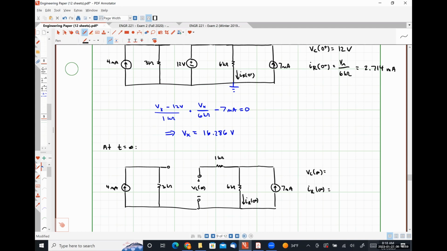I'm going to pick on 2 Hannahs now. I'm going to pick on 1 Hannah now. Hannah Riddick, what is IR at infinity? Seven milliamps. Yeah. All right, Anthony, what's VC at infinity?